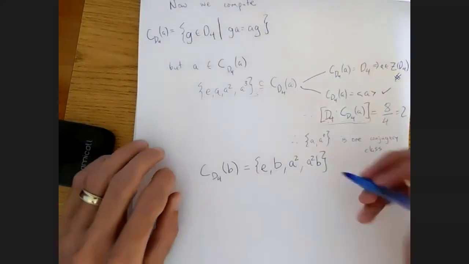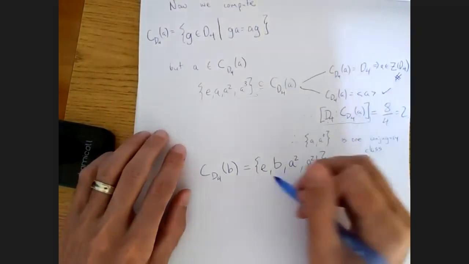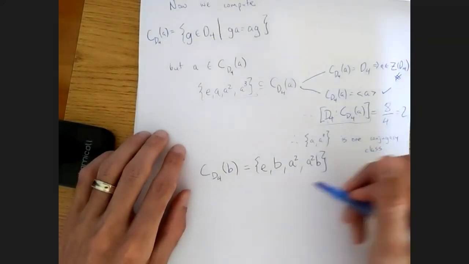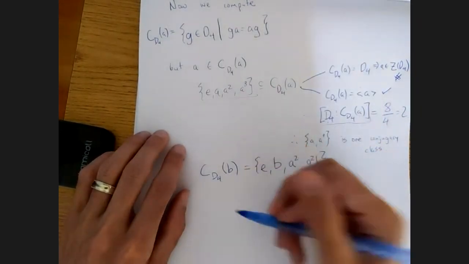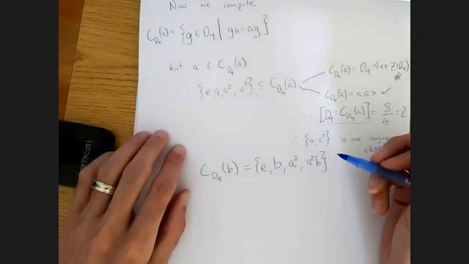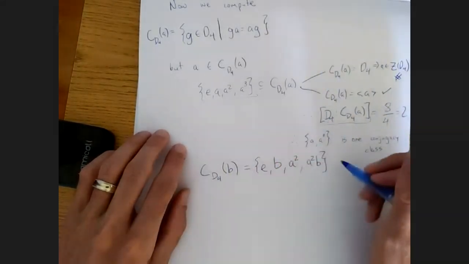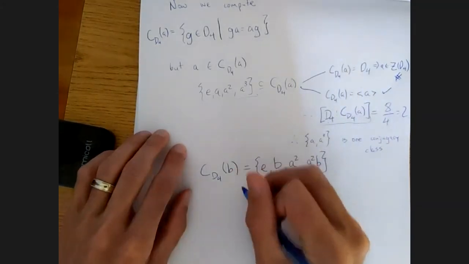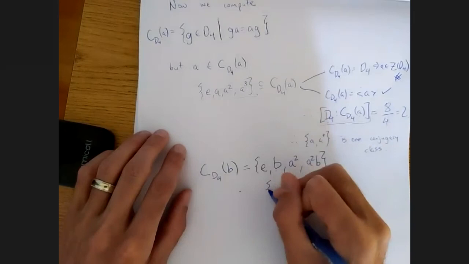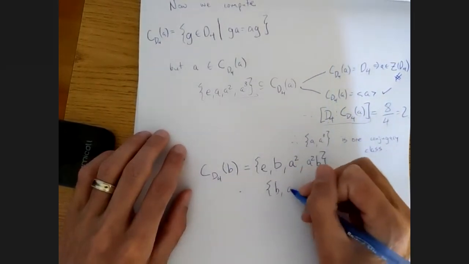The same kind of thing applies. It definitely has these 4 elements, but if it has anything more, then the centralizer would have to be the whole group, which would mean that B is in the center. B is not in the center, so this has to be the centralizer. This has index 2 in D4, so another conjugacy class is B and A squared B.